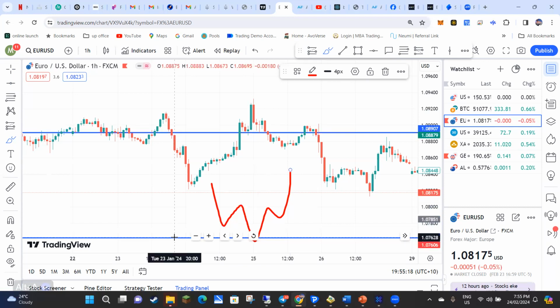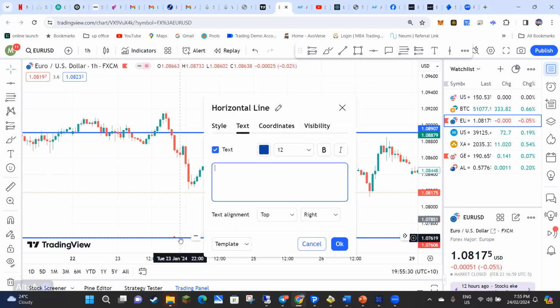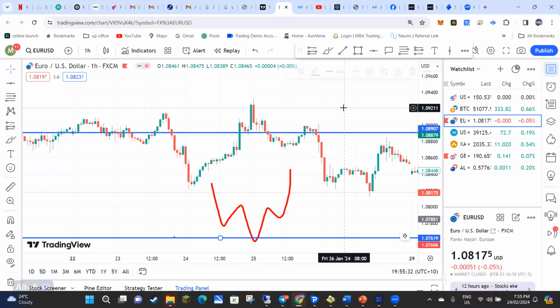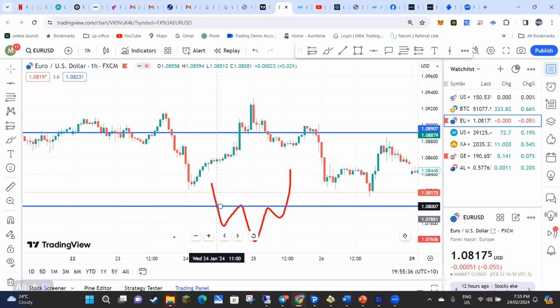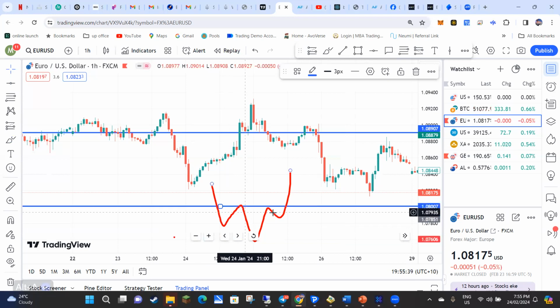Same with this one here. The neckline is here where the two shoulders sort of bounce. So you do a buy order when it breaks the neck.